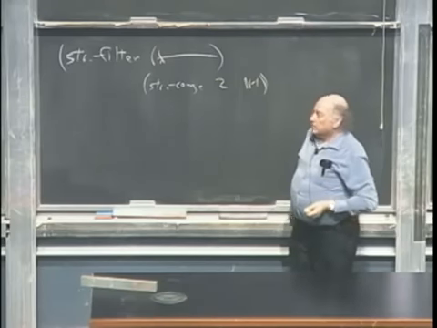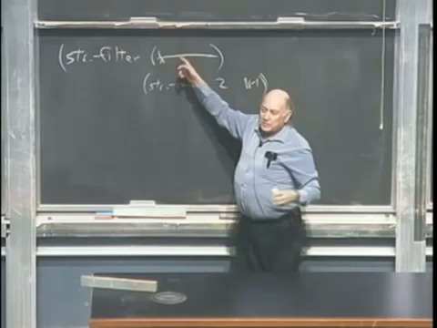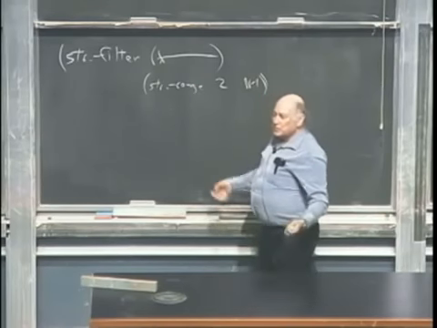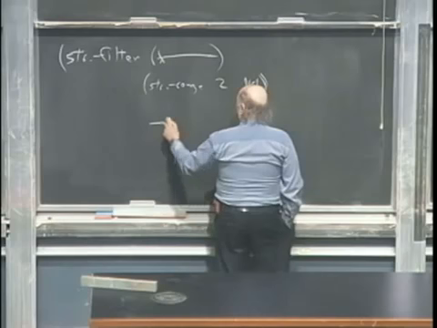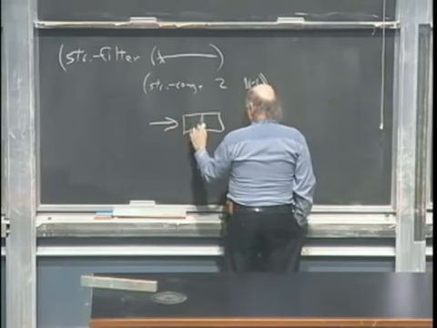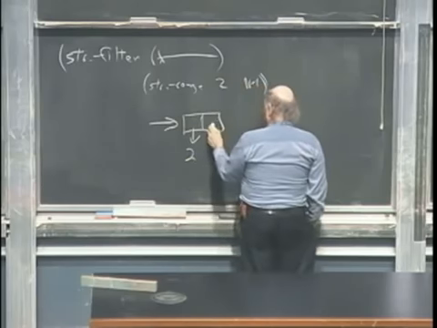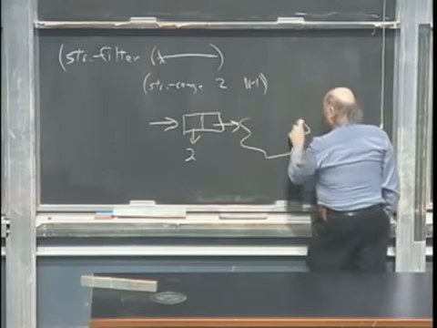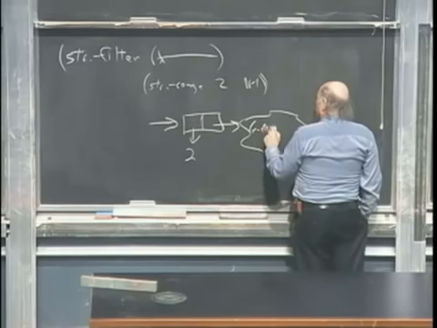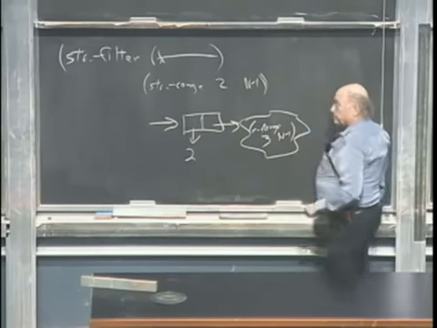Well, we call stream filter. We have to evaluate these arguments. We evaluate the lambda expression. We get a procedure. We evaluate this call to stream range, and we get a pair whose car is 2 and whose cdr is a promise to do stream range from 3 to n minus 1.